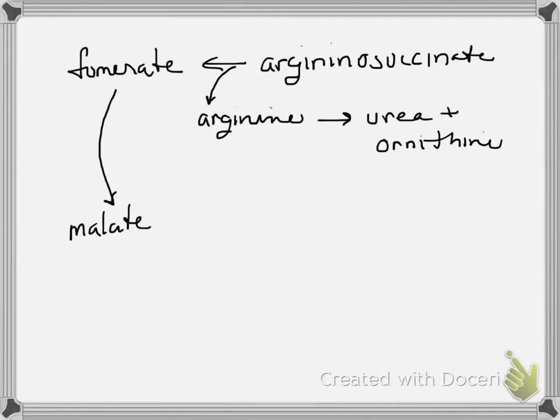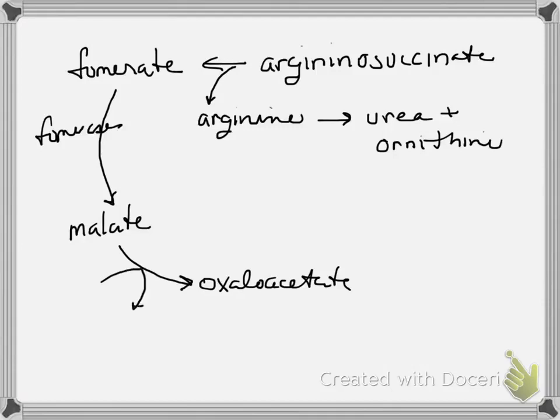So at this point, the fumarate converts into malate by fumarase. The malate converts by malate dehydrogenase into oxaloacetate by the redox reaction.